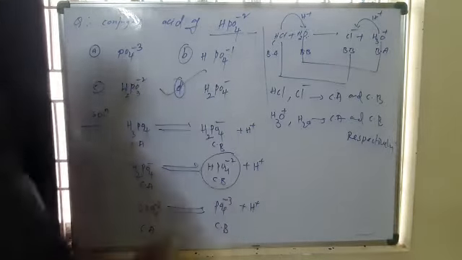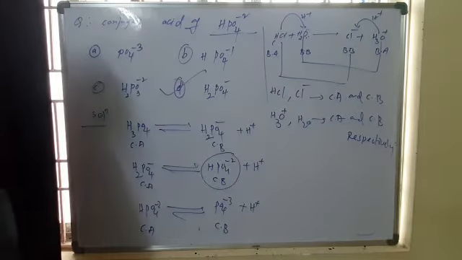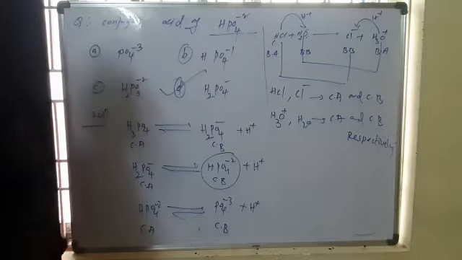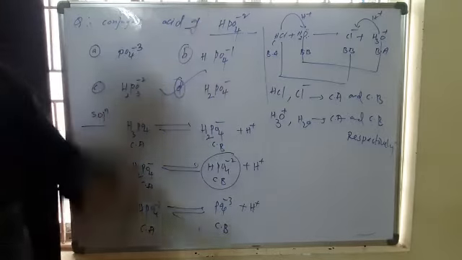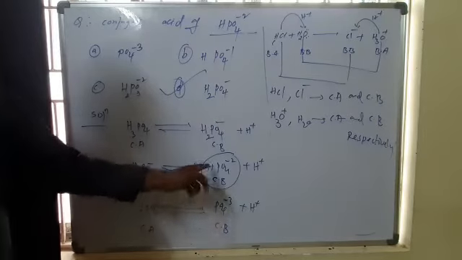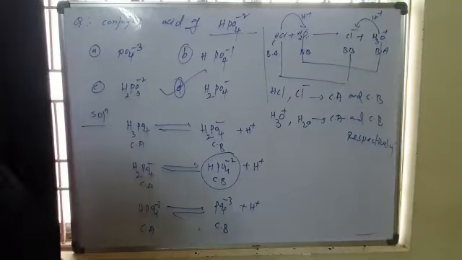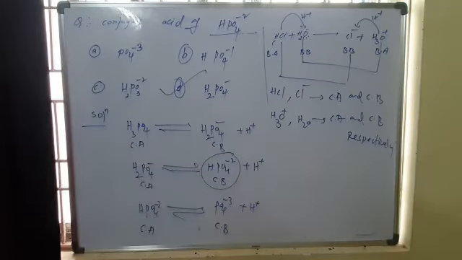So option D is the answer. If the question were the conjugate base of this, you remove one H plus, so PO4 minus 3 is the conjugate base. So this is conjugate acid-base theory, very important.